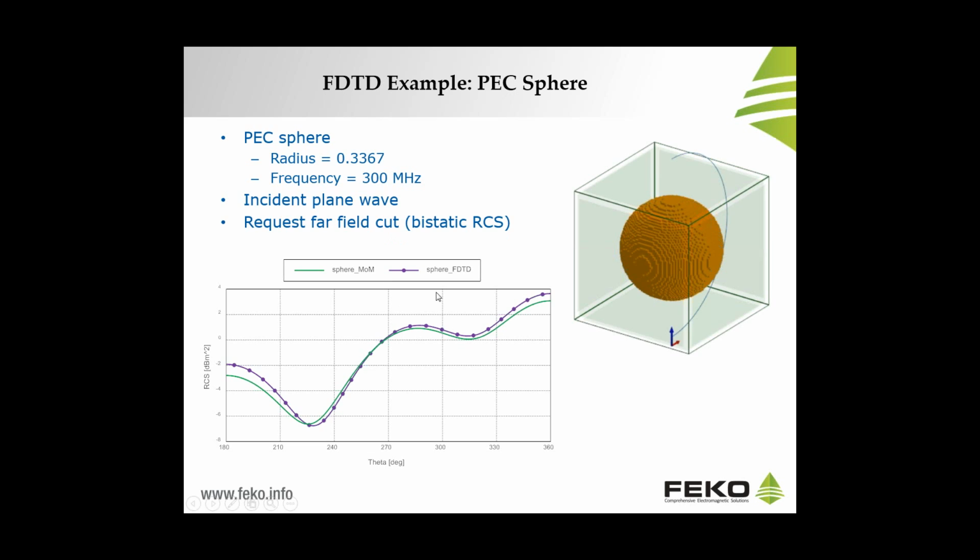Now, if you look at the chart at the bottom, you can see in green the RCS computed with method of moments, and in violet you have the same but computed with FDTD, and you can see that there is a nice agreement between the two methods.